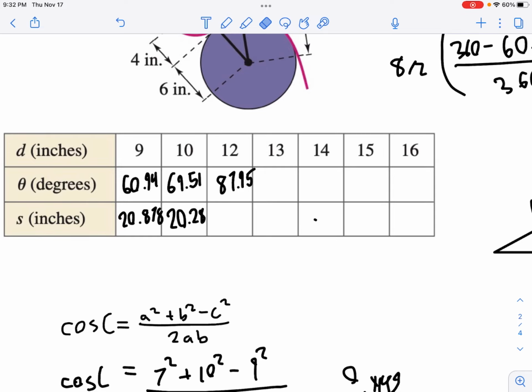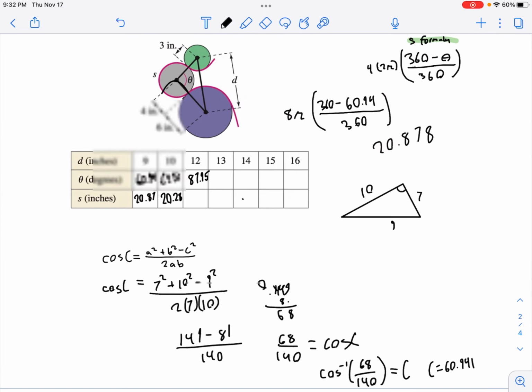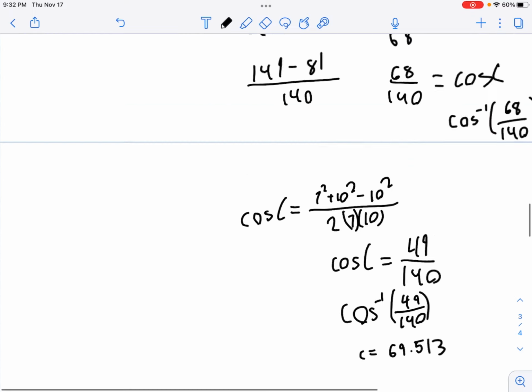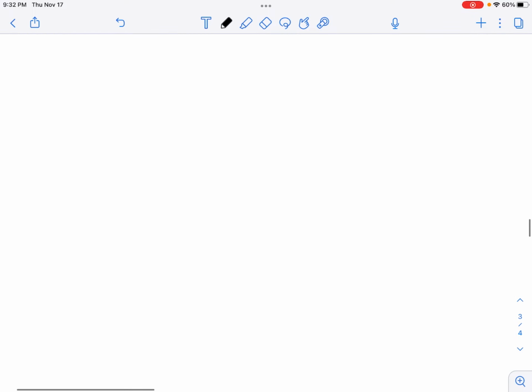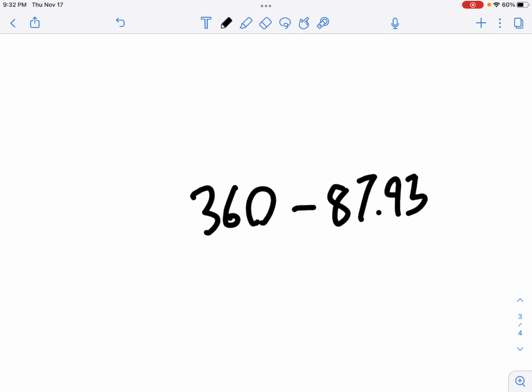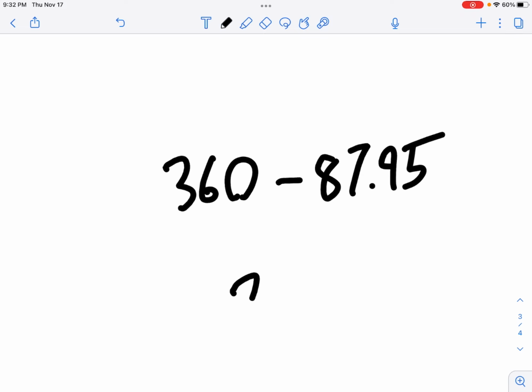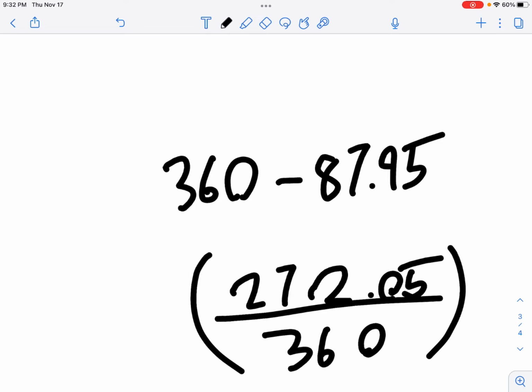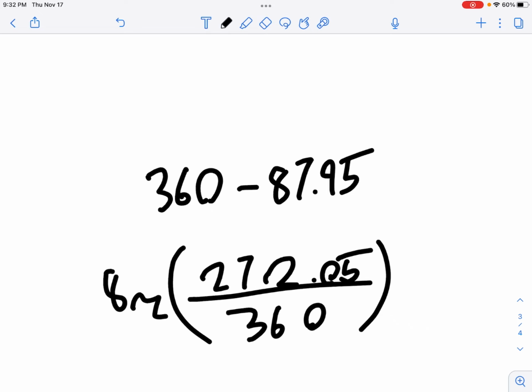Do that for all of them. And now we're going to solve for the S. So 360 minus 87.95 is 272.05, over 360 times 8 pi, because that is our circumference.